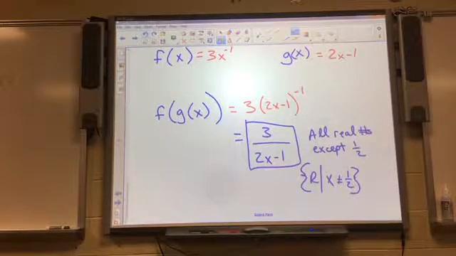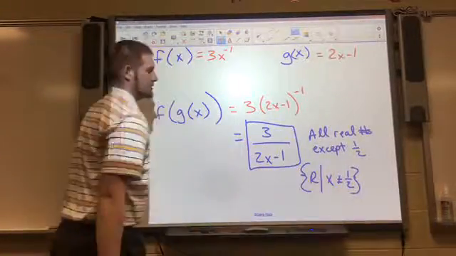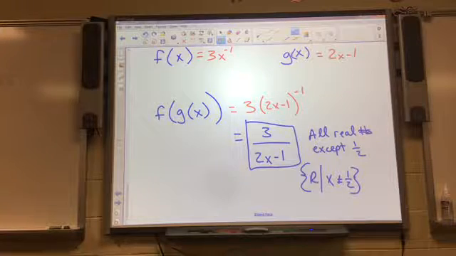I don't really care. It's quite a bit shorter if you can put it in symbols like that. That's what we call set notation, because this is a set of brackets. So that stands for the real numbers such that x does not equal 1/2.